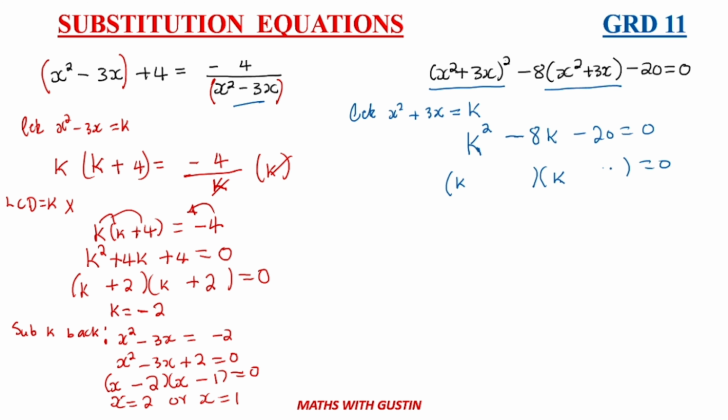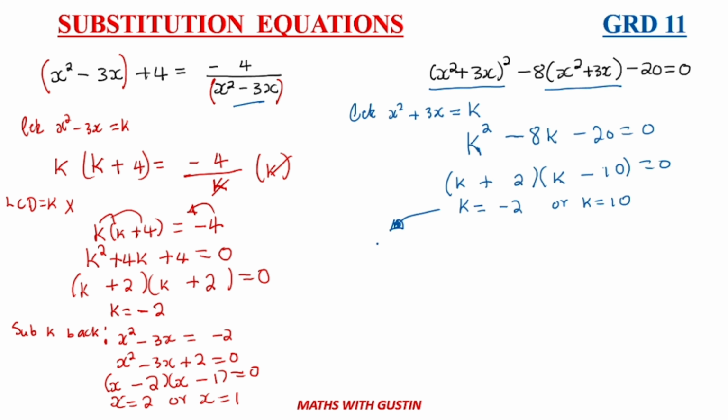It is going to be 10 times 2, and when we add them together, they must give us 8. So negative, then plus there. Therefore k is going to be equal to -2, or k is going to be equal to +10.